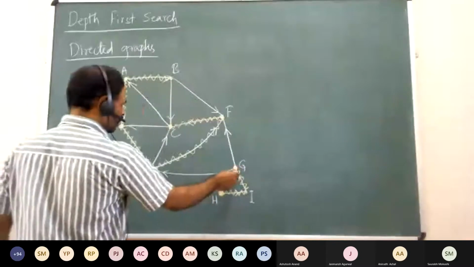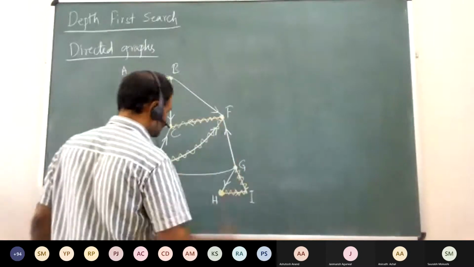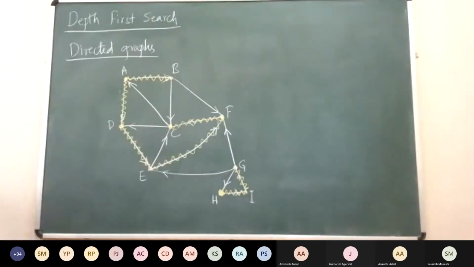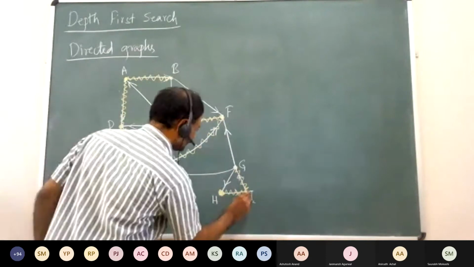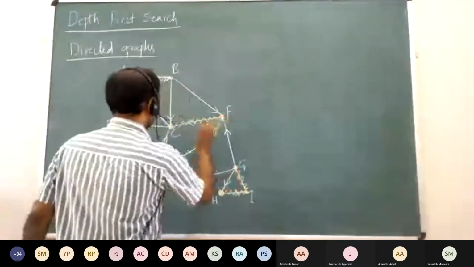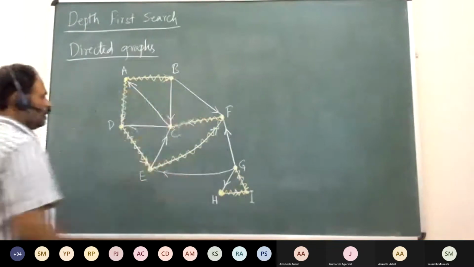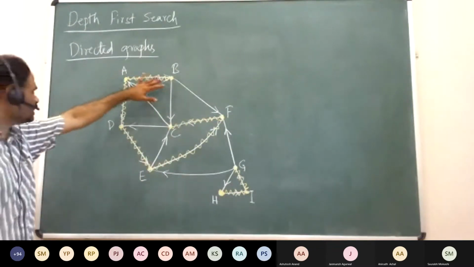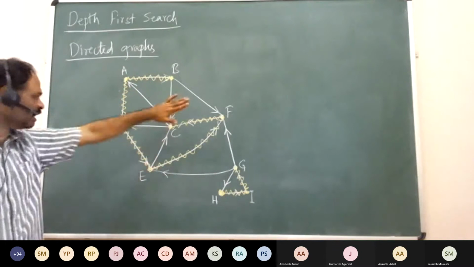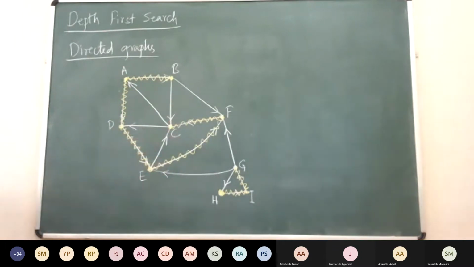After that, all the out neighbors of G are visited and you end it there, right? So now this becomes the DFS forest, right? There are two trees in this forest, right? One is this tree which contains A, B, C, D, E, F. The other tree is H, I, G, right?